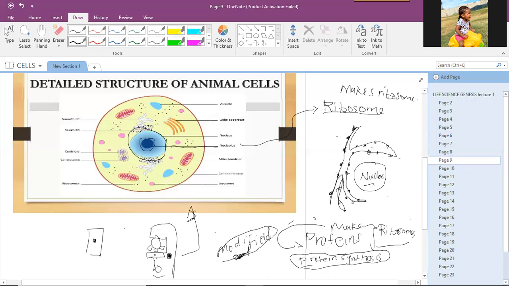Then just outside the rough endoplasmic reticulum, you have got structures like this. These structures are sort of like stacks. They are maybe stacks of 3 or stacks of 4. This structure here is known as the Golgi apparatus. Sometimes teachers call it Golgi.